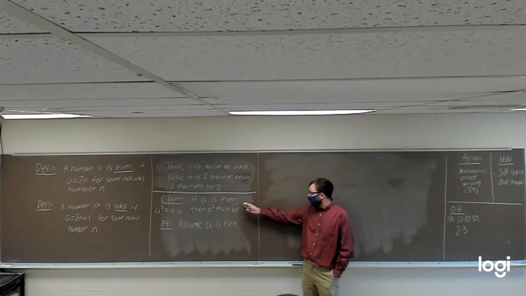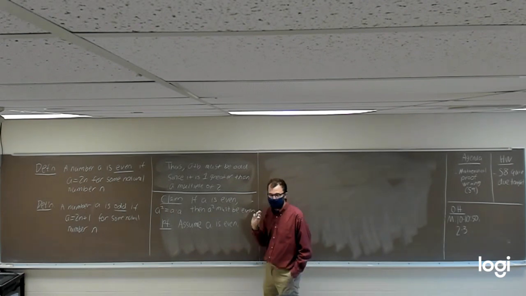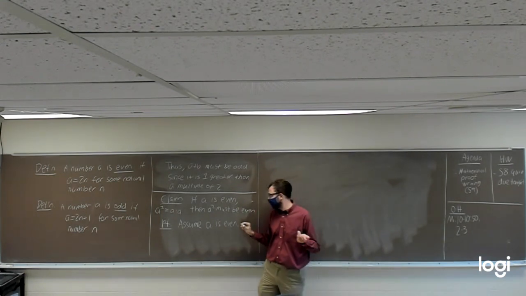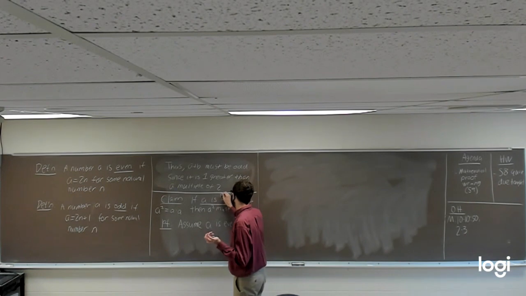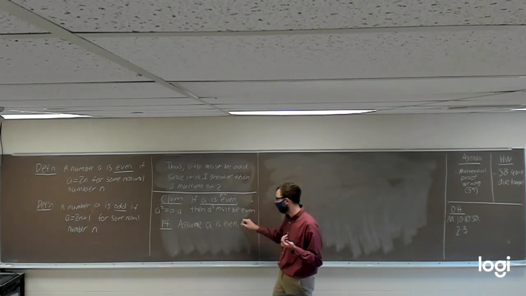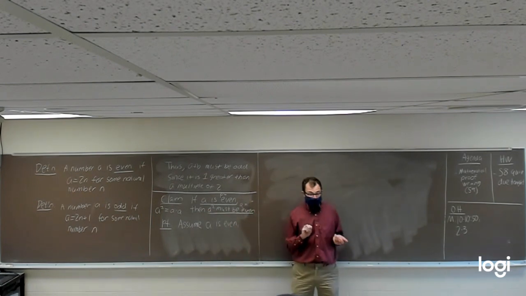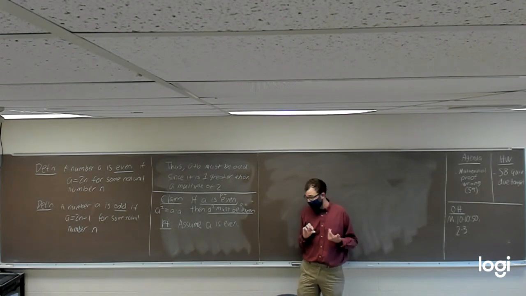So this claim is actually a little bit simpler than our previous two claims in that we only have two base statements. Our statement P is going to be A is even. Our statement Q is going to be A squared is even.